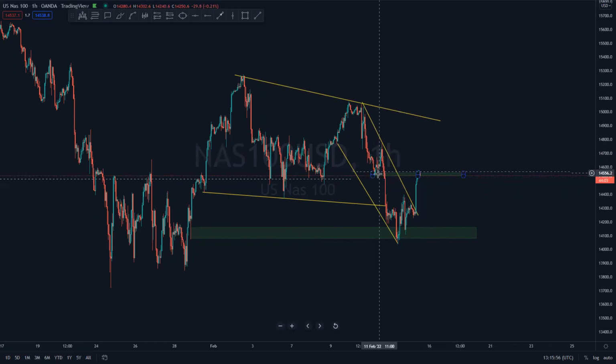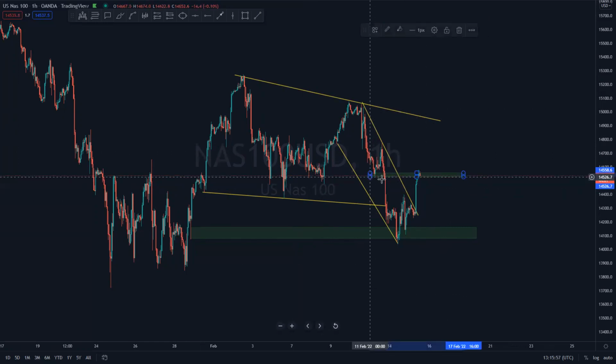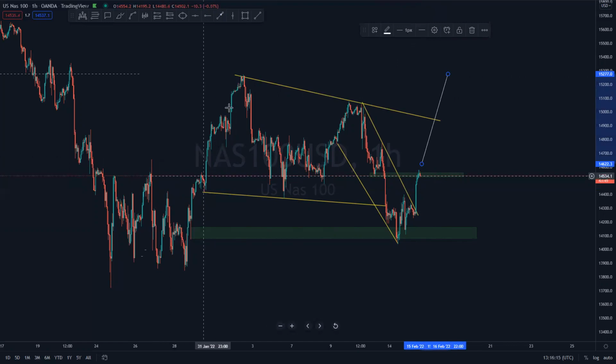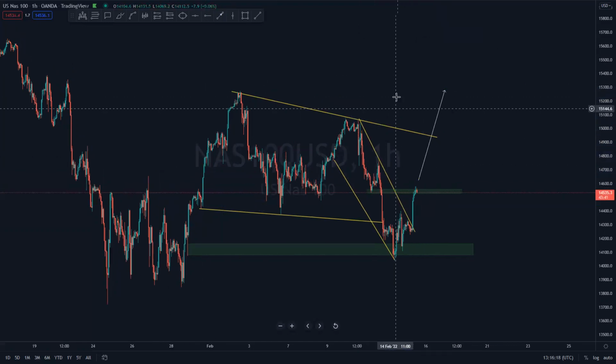So what I'm expecting here on nas100 is to see what it is doing on this zone here and this resistance. Either the price is going to shoot to the downside, or it's going to go to the upside. But because I see this was an impulsive move, I'm now expecting the correction to start to go to the upside.